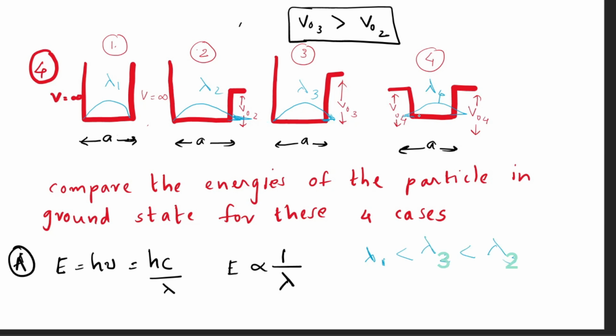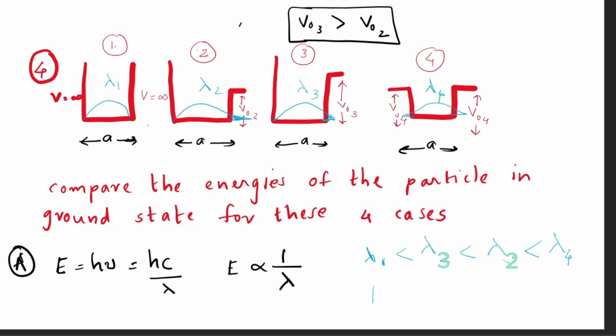Okay. Here, we have a finite potential at both these sides, right? Which means the tailing will be present here as well as at this end, which means it has the largest wavelength. This is the order. So the energy order will be opposite to this order because energy is inversely proportional to wavelength, right?